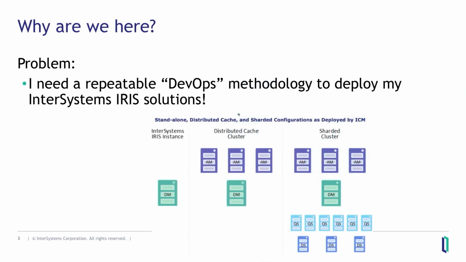So what we're looking for, I wanted to start deploying my Iris applications, whether it's a single instance or a distributed cluster or shards or whatever it is, but in a DevOps sort of way. And what DevOps really means is a repeatable way, a way that's managed properly, and to be honest, gets the humans out of the picture.